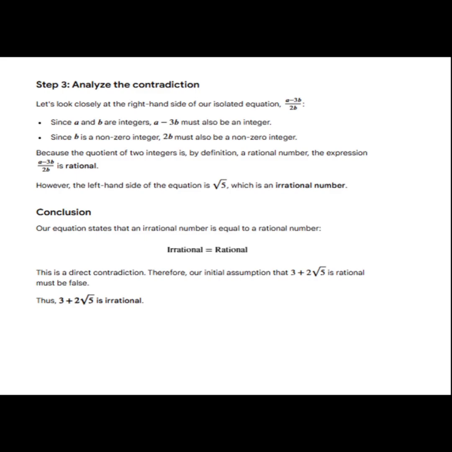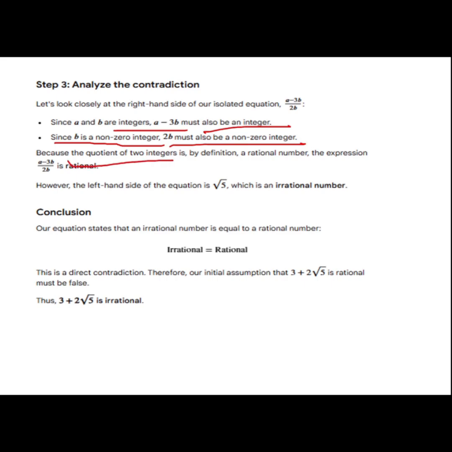And since a and b are integers, a minus 3b must also be an integer. Since b is a non-zero integer, 2b must also be a non-zero integer.